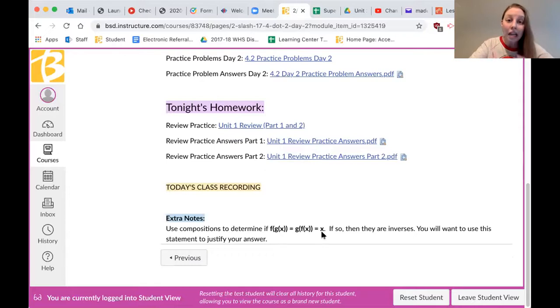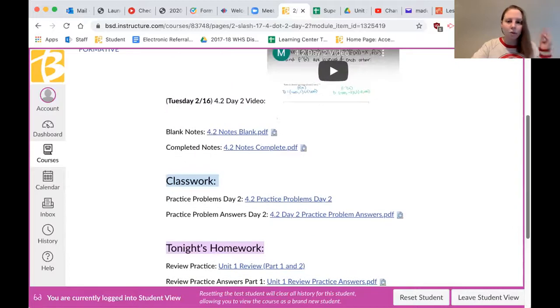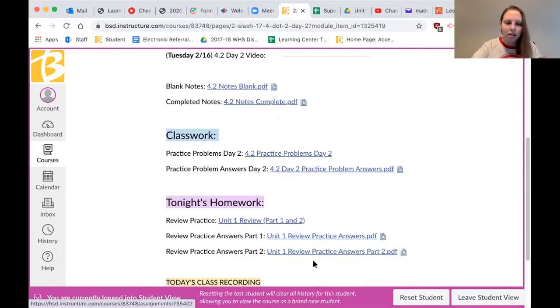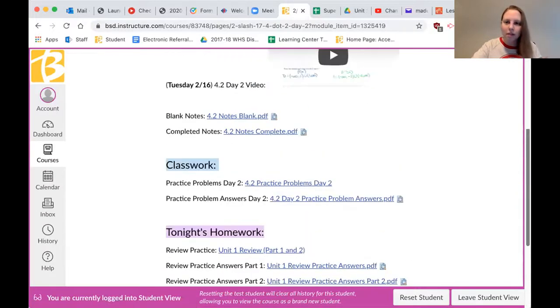Because if 2 things are inverses of each other, like multiplying and dividing, adding and subtracting, they're undoing all of the operations. So if we're undoing all the operations correctly, we should just be left with x. That's the big idea for the day. Like I said, we're finishing it up. It's the last of the new material, and then we're reviewing for the next few days.